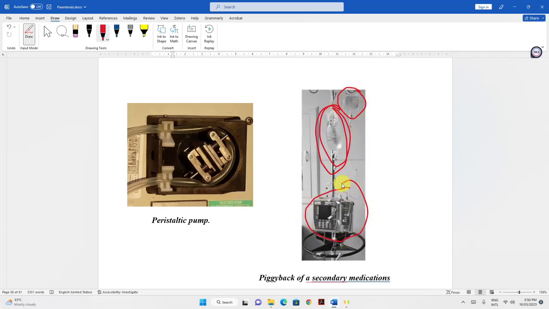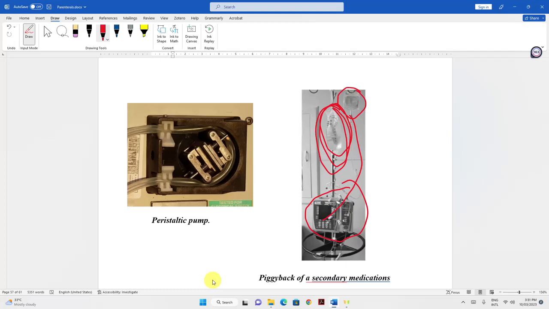The infusion pump here will allow the piggyback to go first, and then it will continue with the main infusion bag. So the piggyback relies on the main infusion bag because it uses the same line. The infusion device will allow the piggyback to be administered, and then it will continue with the main set.